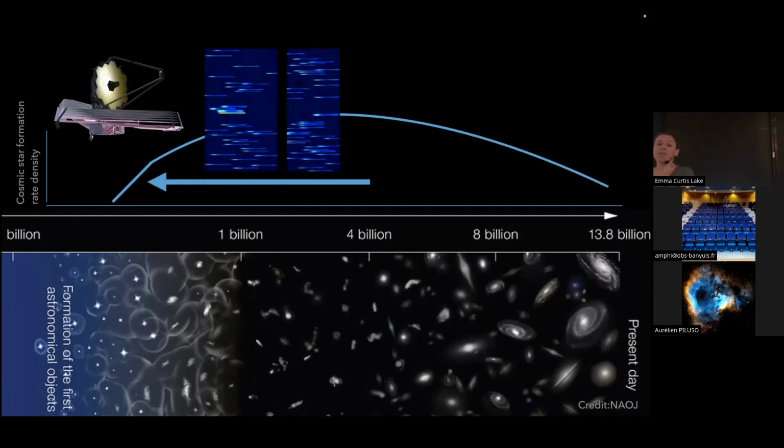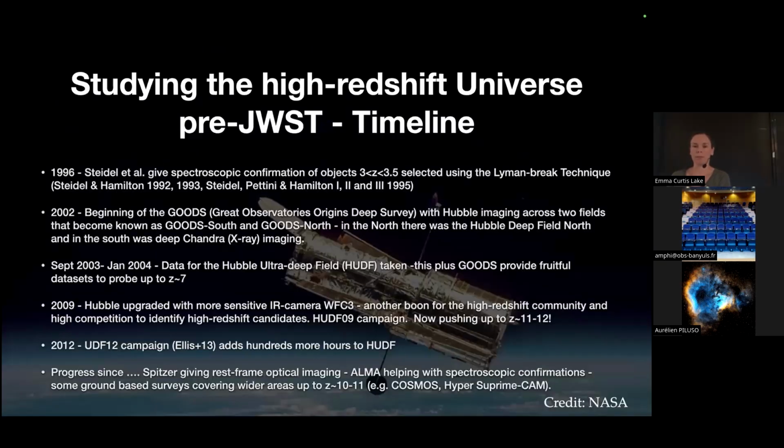So with JWST, all of this initial period is now unlocked because we get to take spectra of galaxies up into the rest optical. I didn't explain what the epoch of reionization is, but it's a period of time through which the neutral hydrogen becomes ionized by the sources in your universe. And so we can assess all of these things right up, well within the epoch of reionization, thanks to the spectroscopy. Oh, sorry.